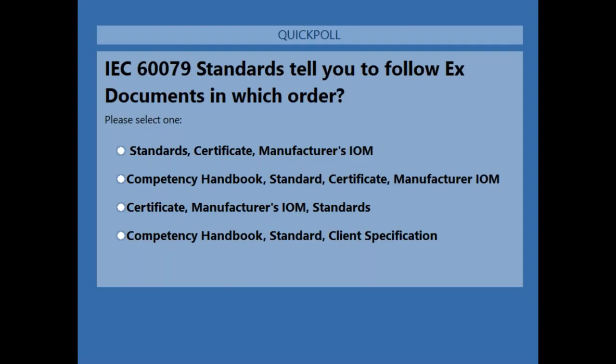In what order must you follow the documents? If you're unsure of something, do you refer to the standards first or do you refer to the certificate? See, some people are shy to answer that one.